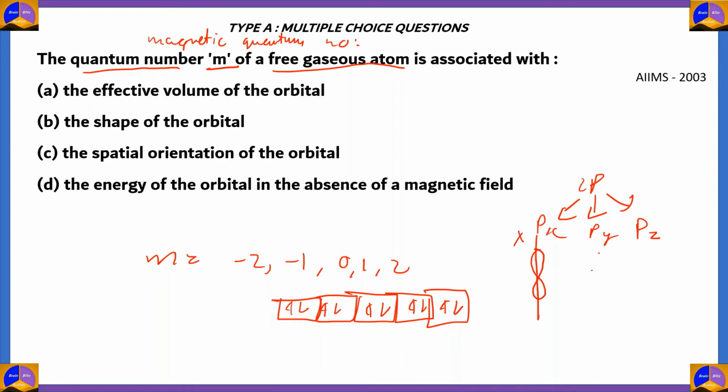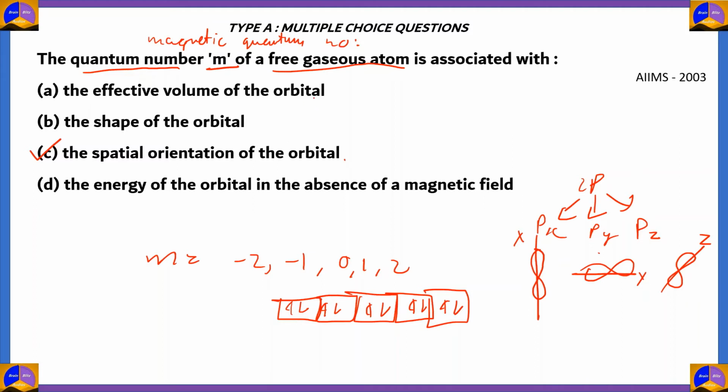Py, another dumbbell shape, acts along the y-axis, and pz, the third dumbbell shaped orbital, acts along the z-axis. So this effectively represents the spatial orientation of the orbital, which is represented by the magnetic quantum number. So therefore, option C, spatial orientation of the orbital, is the right answer.